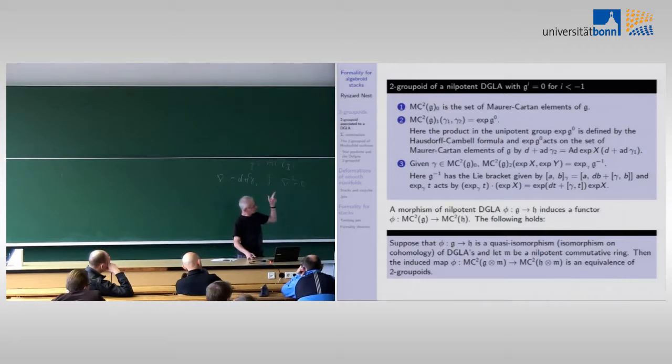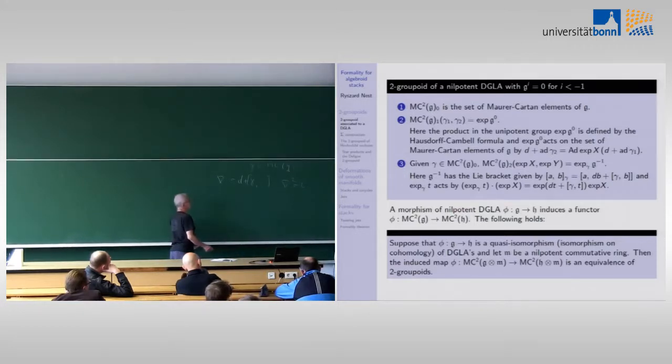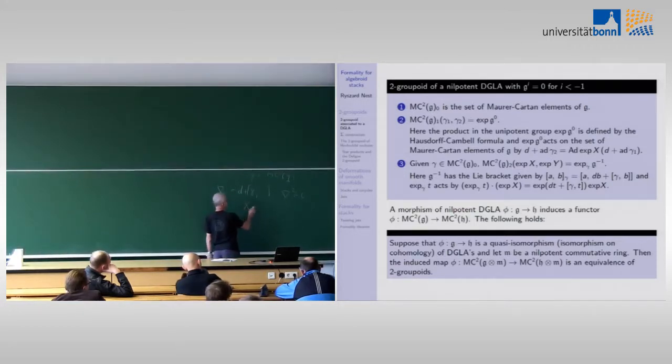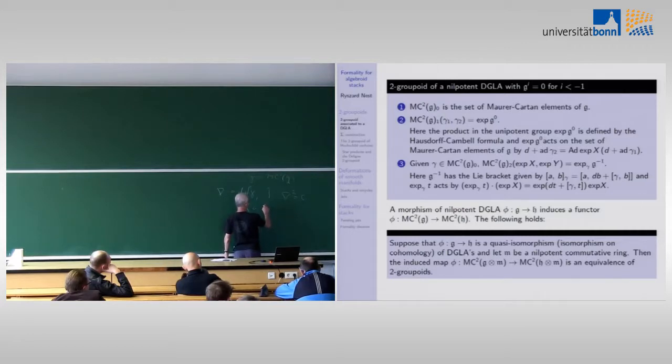Okay, so the arrows are given by the action of this gauge group, the exponential of G0. And then two-arrows are constructed, so we have the x's which sit in MC1 of G, which is just x G0.